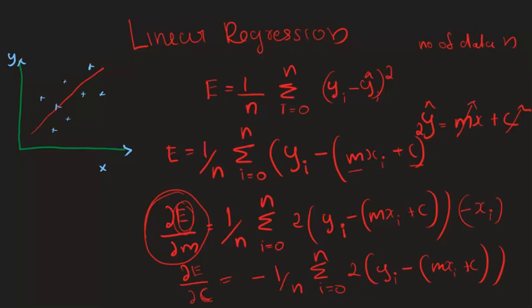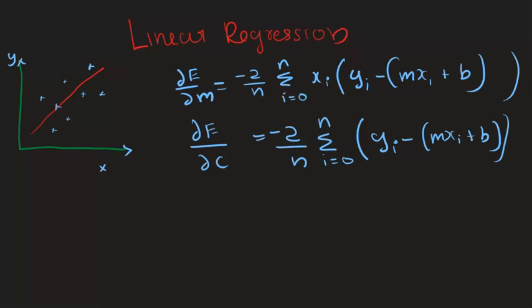It tells us which direction we should move in terms of m to increase the error. In our case, we want the opposite. But what we want is to reduce the error.